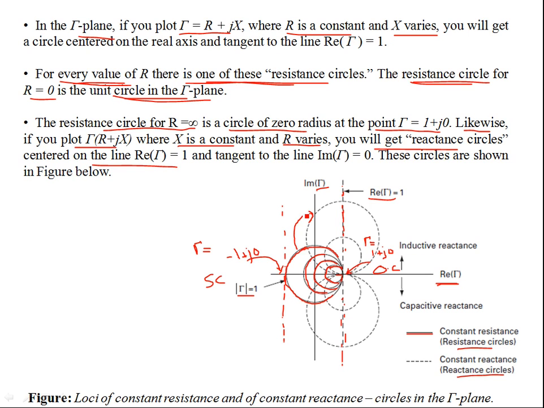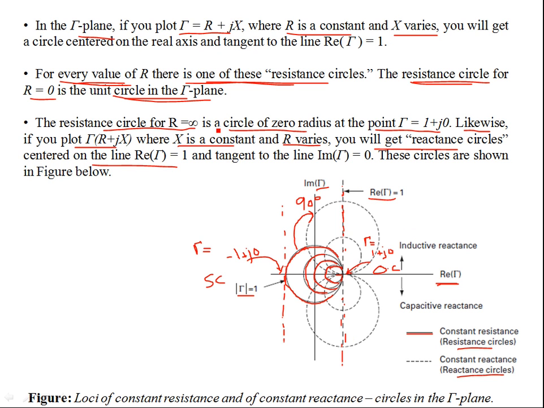These are the same circles, just rotated. A clockwise rotation of 90 degrees produces the reactance circle from the resistance circle, and these reactance circles are shown as the broken lines. Again they're centered at real gamma equal to 1.